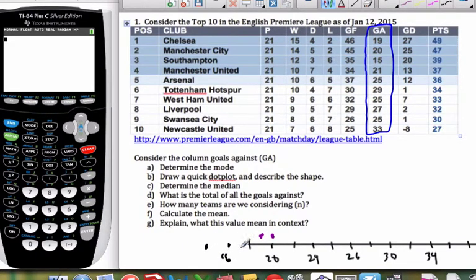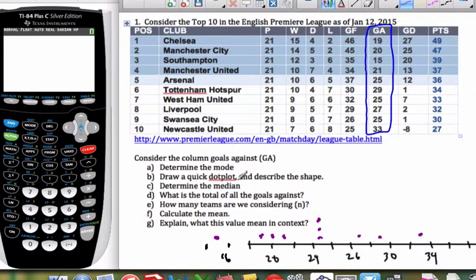And so 15 will fit about here. 21 is here, 25, 29, another 25, a 27, another 25, and a 33. Okay, so here's the dot plot.